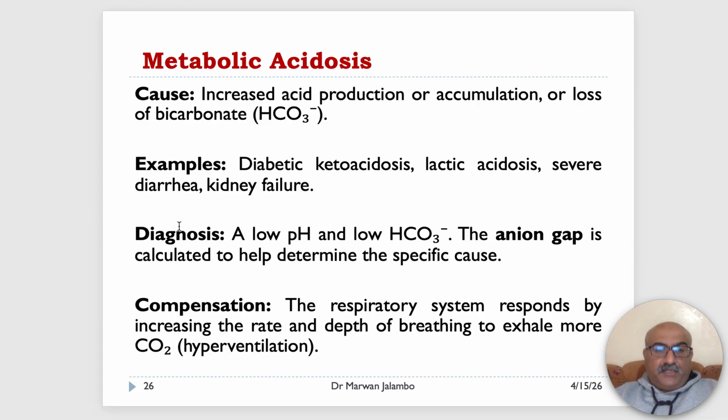The diagnosis is made by seeing a low pH and a low bicarbonate level on the blood gas analysis. Clinicians will then calculate something called the anion gap to help narrow down the specific cause.